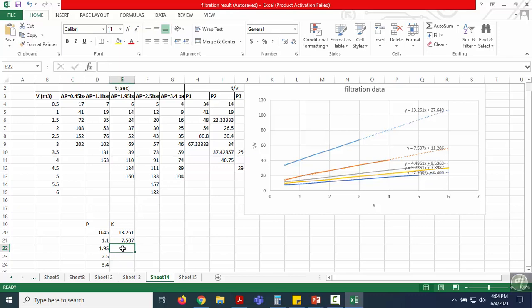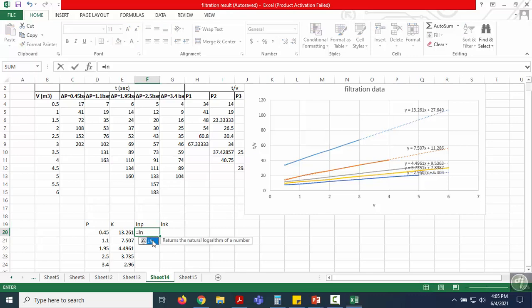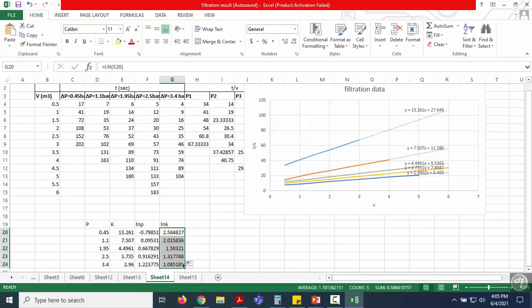Then for P3, it will be 4.4961. Then 3.765 and 2.96. Then you can take the logarithm of P and the logarithm of K. So this will be ln of P. You find this value, you can do the same here, and also the same for K. Then you can just do it like this.